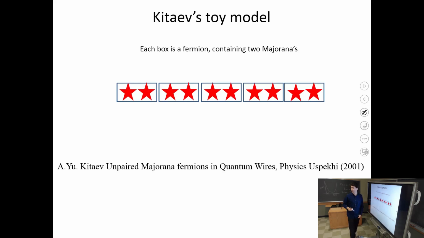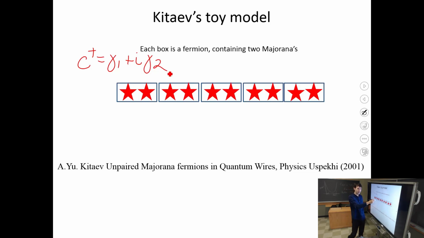And why does the fermion have two stars in it? That's because we have this formula. This is just my way of depicting that each fermion is like two Majoranas bound together by this expression, just the real and imaginary part of a fermionic operator.